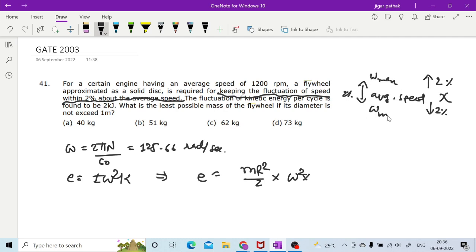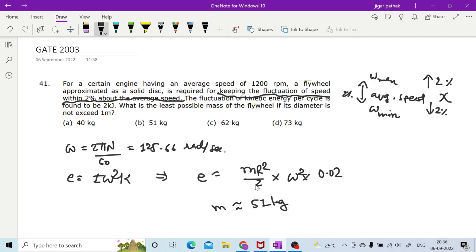So that is why here we are not going for doubling the given percentage of this speed, right? So for the data given here, the k will be 2% only, so that is 0.02. So when you put all the data here, what you are going to get is m equal to 51 kg, right?